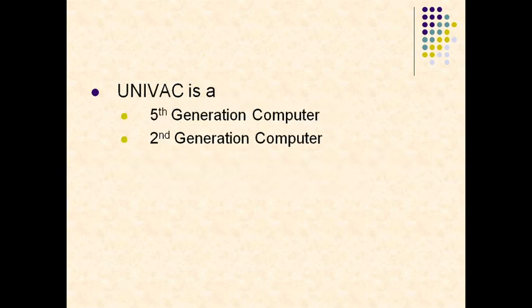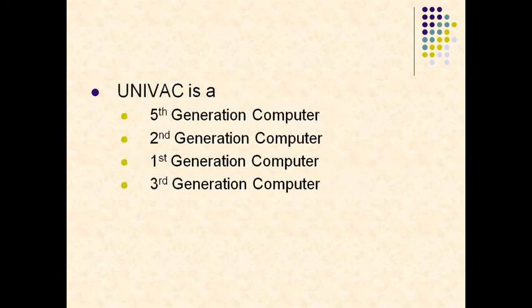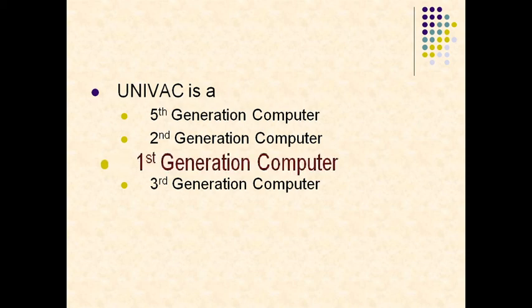Okay students. Next question: UNIVAC is a. Options: fifth generation computer, second generation computer, first generation computer, third generation computer. What is the answer? First generation computer. UNIVAC is a first generation computer.